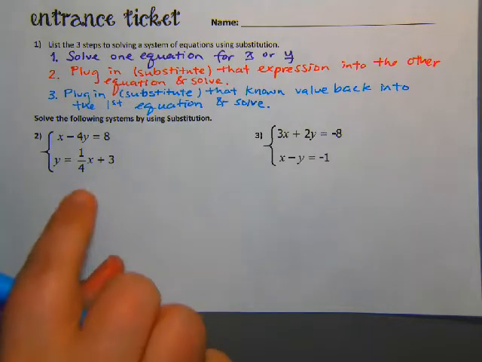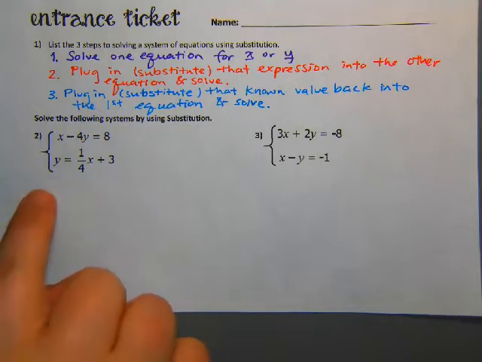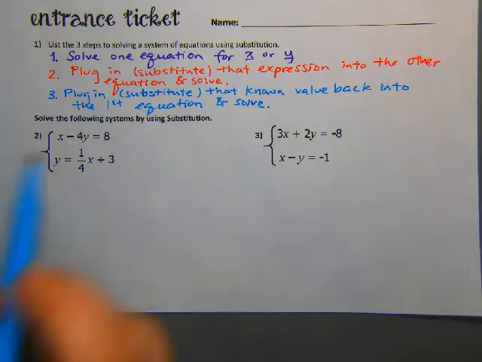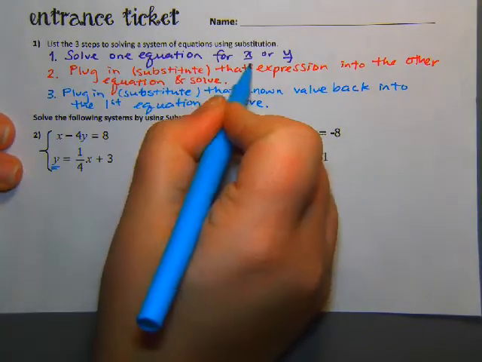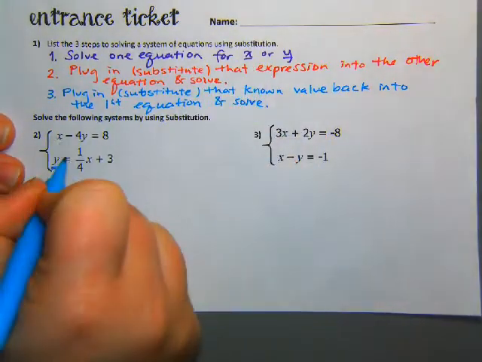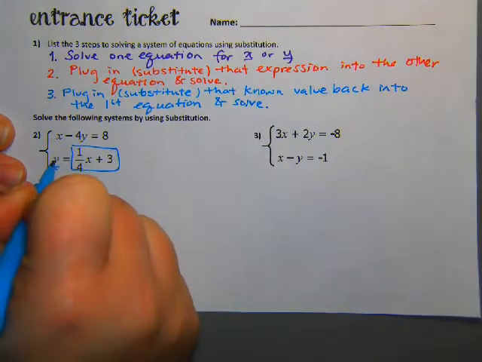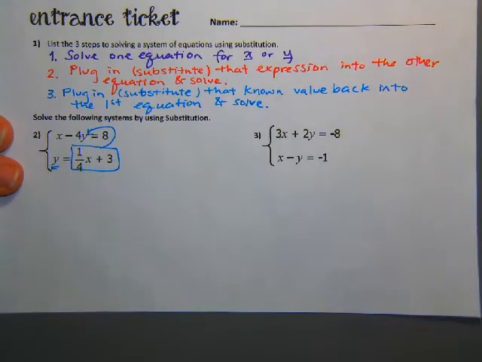So this one I put first because it's a little bit easier, because if you notice, one of these is already solved for x or y. Here, this is already y equals. So we're already done with step 1. What we do is take everything here, which is equal to y, and substitute it in for that y in the other equation.